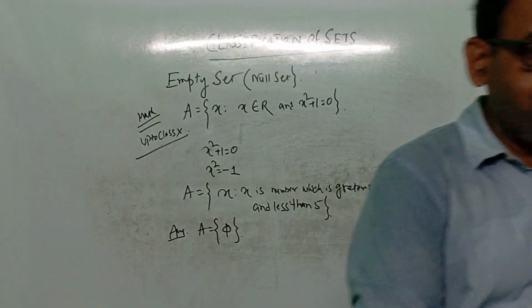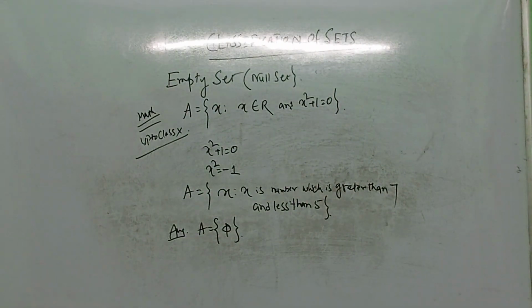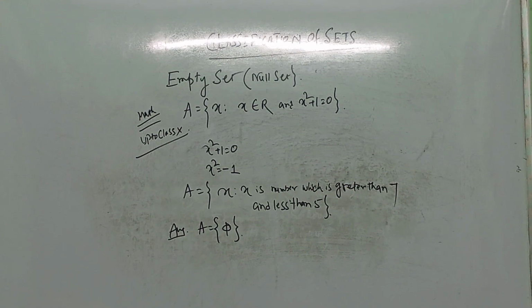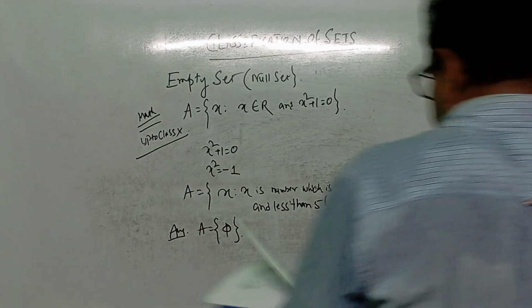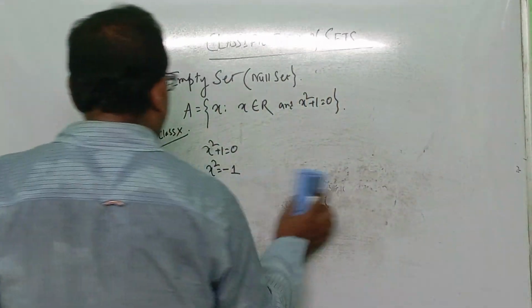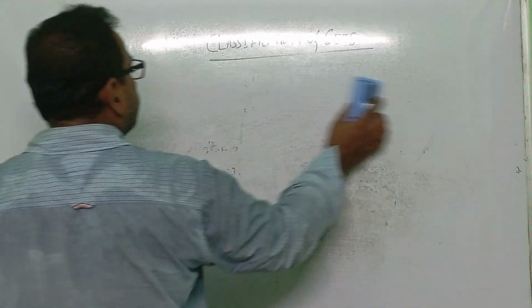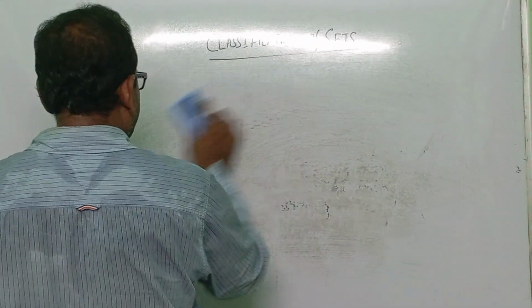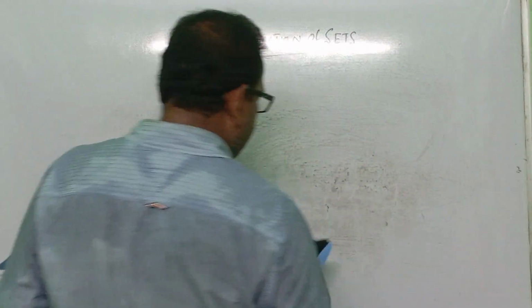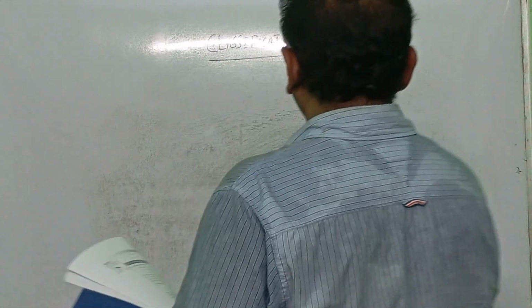Infinite, finite, empty. We have done this: infinite, finite, empty. Now what is coming is the singleton set. Singleton set.